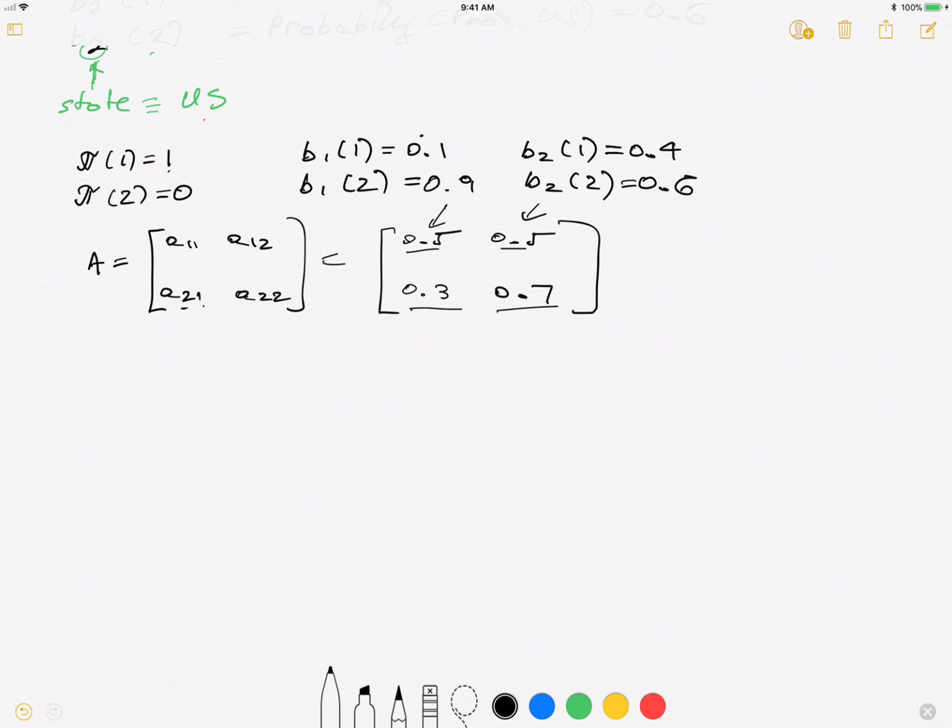So here are our probabilities, and now we shall be able to start developing the algorithm.